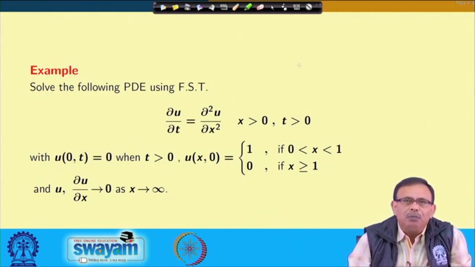Although here both x and t are greater than 0, from the condition that ∂u/∂x approaches 0 as x approaches infinity, and since regarding t nothing has been told about ∂u/∂t, we have to use the Fourier sine transform with respect to x, not t.